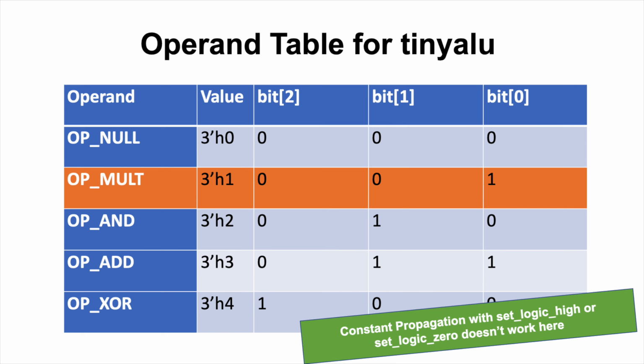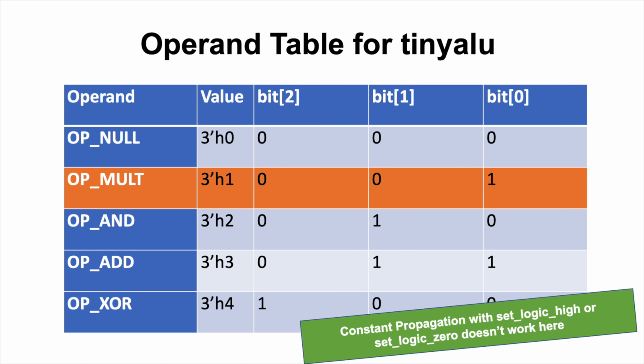In this case, there's no constant that you could put on the primary inputs of tiny ALU to get rid of op mult. It doesn't work with the constant propagation trick that we were talking about. If our goal in this exercise is to remove all of the logic from the multiplier operand, how would we do it?